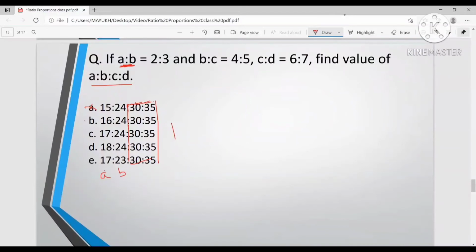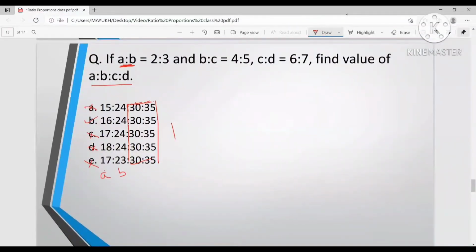Yes, this is giving 2 is to 3 ratio. This is definitely not in 2 is to 3 ratio. And similarly, this is, wow, in easy ways I got the answer within 20 seconds.